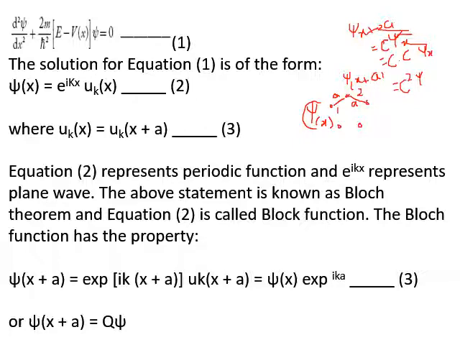So when the particle moves from first to second and second to third, that is, when it has moved two times, its function psi(x + 2a) is now equal to c square times psi(x). This means that if the particle covers twice the distance, the coefficient gets squared.